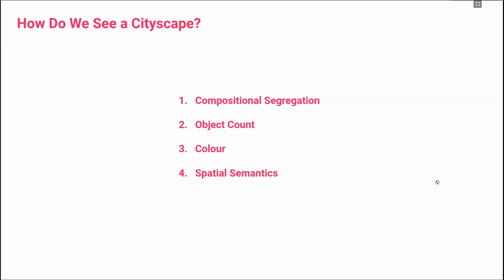The other, and this is more specific to objects that are moving, that are mobile, is that we tend to count the number of mobile objects. If we are right next to a road, we tend to observe how many vehicles are on the road.